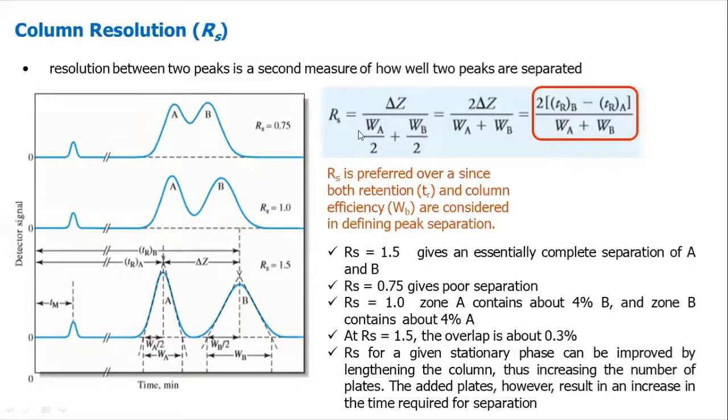Column resolution or Rs. So the resolution between two peaks is a second measure of how well two peaks are separated.